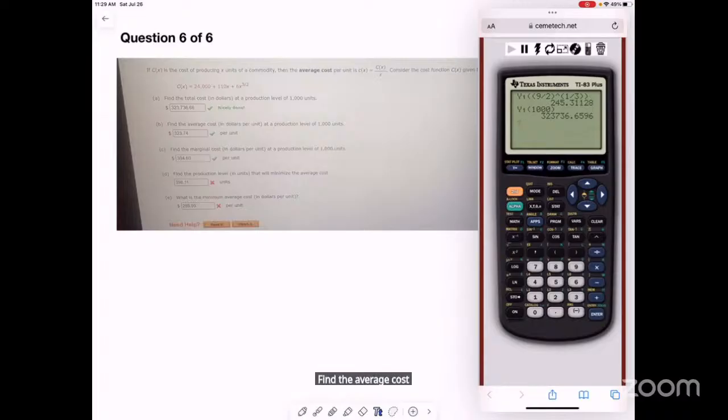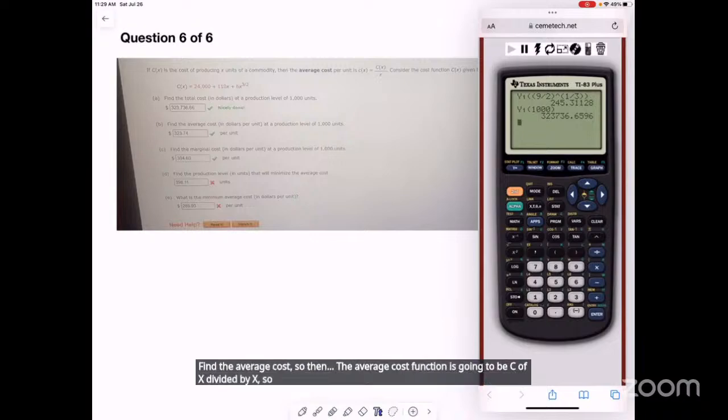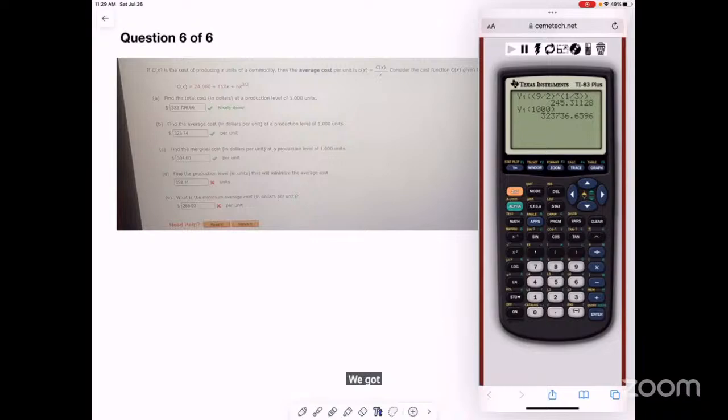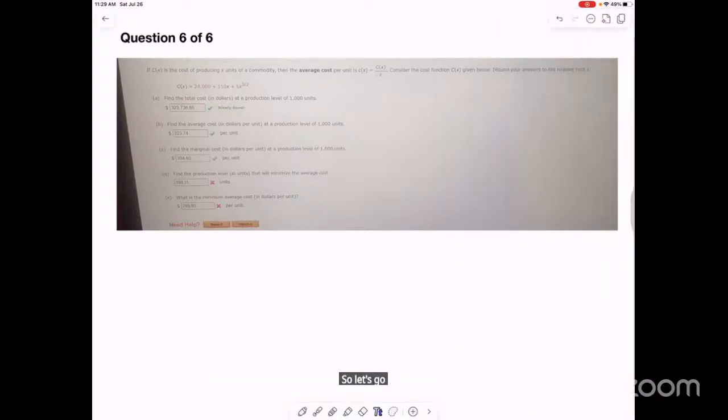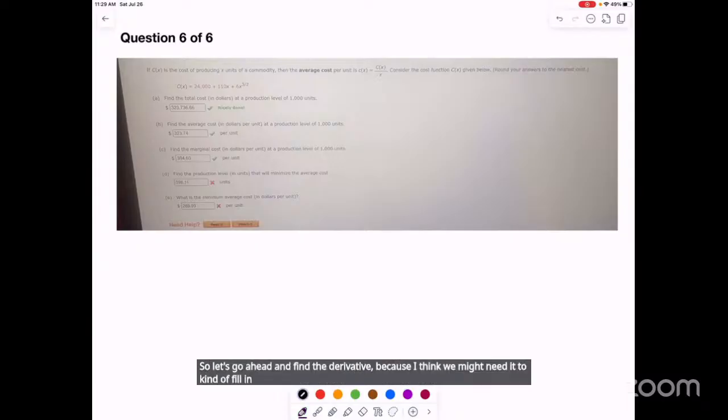Find the average cost. So then the average cost function is going to be C of X divided by X. So we divide this by 1,000. We got 323.74 per unit. That's good. The marginal cost comes from the derivative. So let's go ahead and find the derivative because I think we might need it to fill in the blanks.